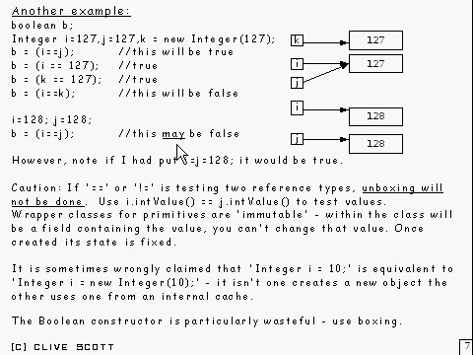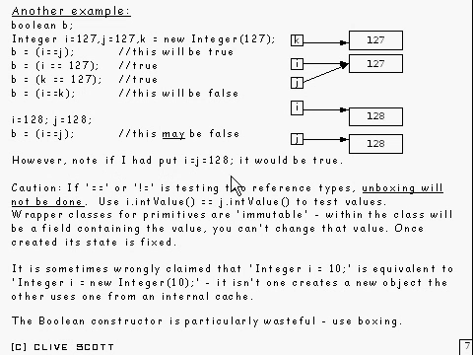It depends on the implementation, because here we've got two references we're doing a comparison on. However, if you'd put i = j = 128, that's going to be true, because in that case the reference is copied, so they both refer to the same thing.